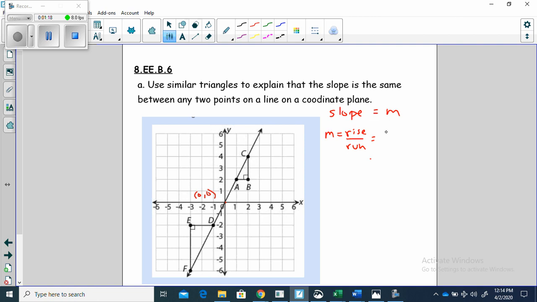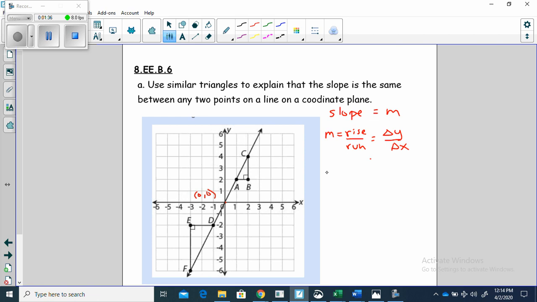Or another way to look at that is the change in y over the change in x. We know the y-axis is up and down, so rise would be the change in y, how much we go up versus how much we go over.